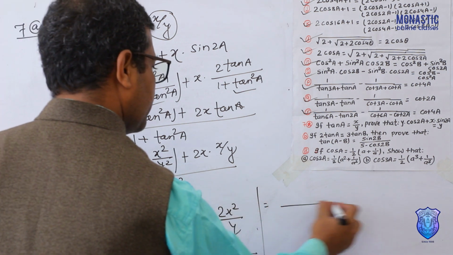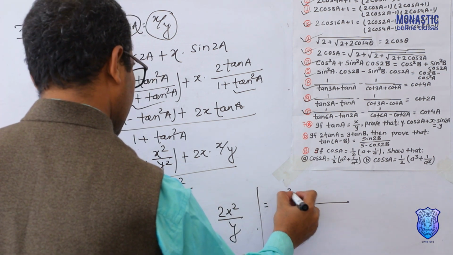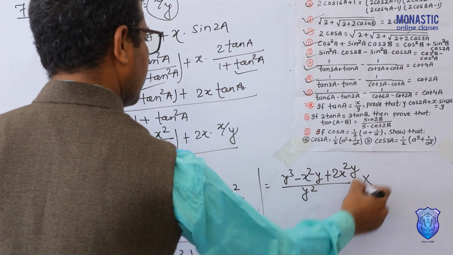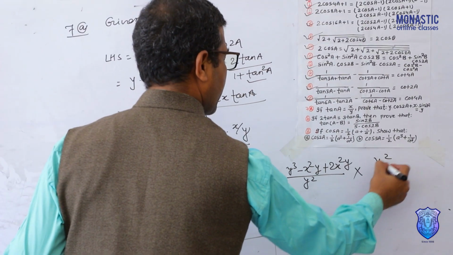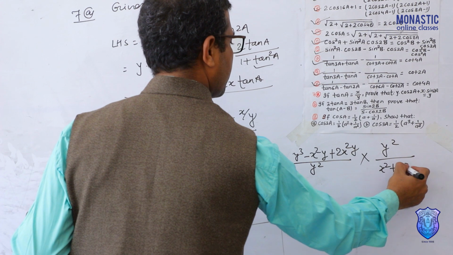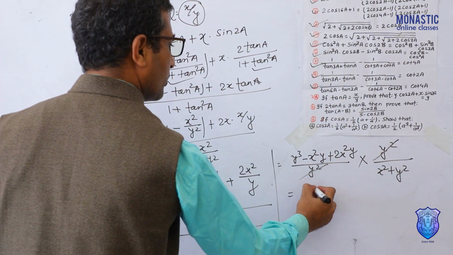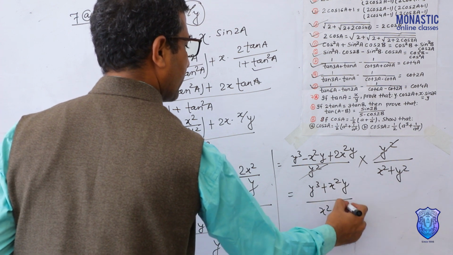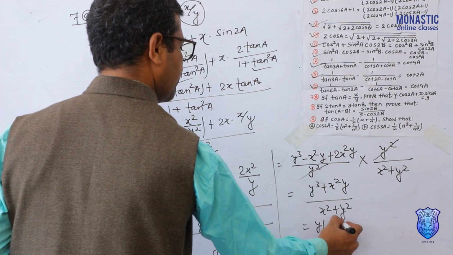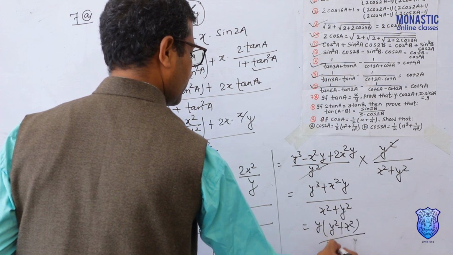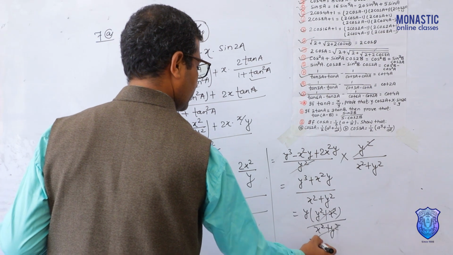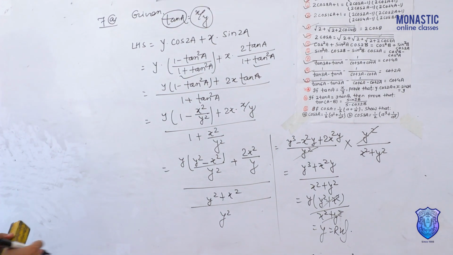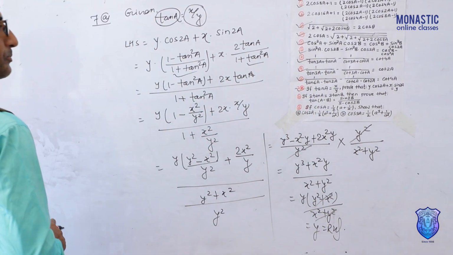Take the LCM. Y square y cube minus x square y plus 2x square y into y square by x square plus y square. Now do the solving. Y cube plus x square y by x square plus y square. Y is common there. We have completed question number 7a.